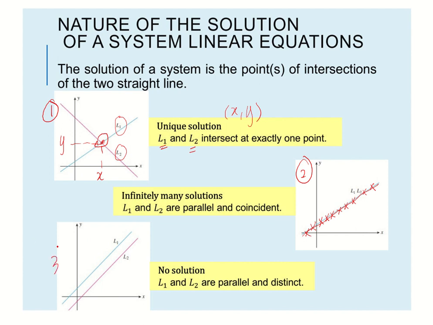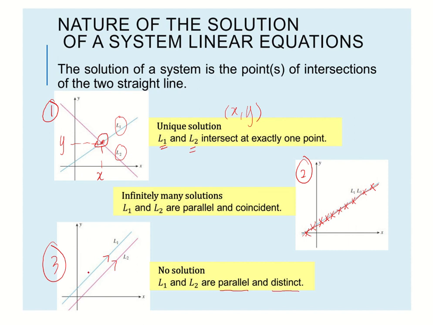Okay, let's look at the third situation here. We can see the two lines are parallel, but they are distinct. So they are parallel, but they are actually two different lines.